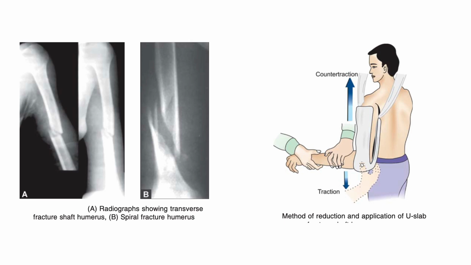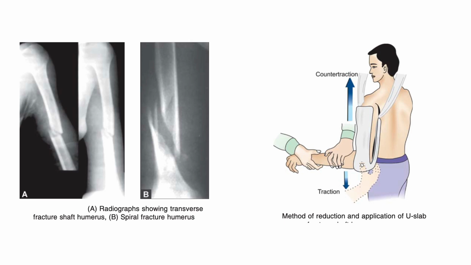And also the mechanisms which I have discussed before: direct force, indirect force, and birth injuries. Direct injuries can cause transverse or comminuted fractures, whereas indirect injuries may be due to an outstretched hand, a fall basically. The fractures can be oblique or spiral with indirect forces, and in birth, it is the second most common birth fracture after the clavicle.